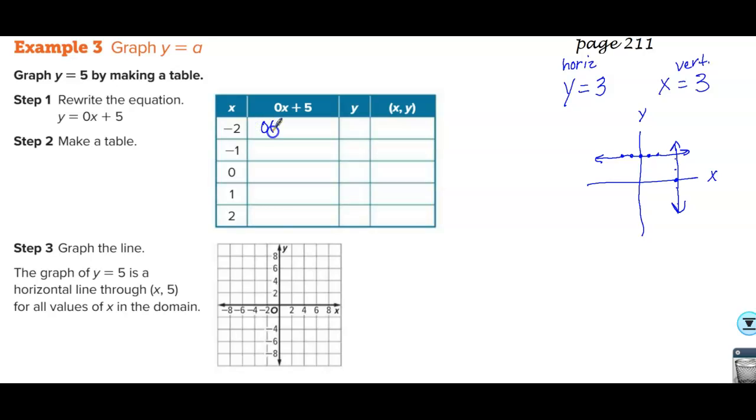Think of it this way: 0 times negative 2 plus 5. This is 0, plus 5 is 5. Every time you're multiplying the x coordinate times 0, so all of these are going to be 5s, and all of your points have different x coordinates, but they all have the same y coordinate. Y is 5, always, always, which makes a horizontal line.